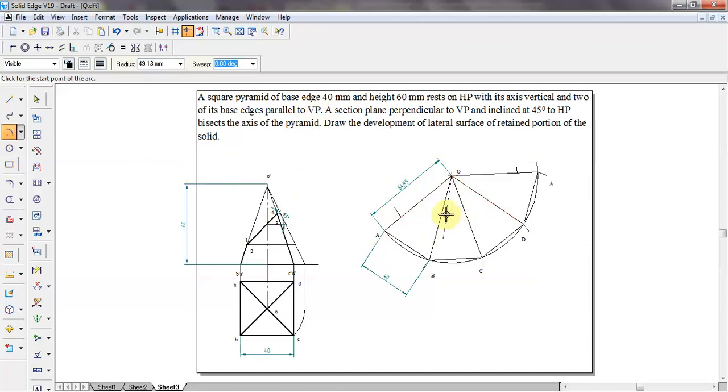So you have to measure this length from 3 to 4.